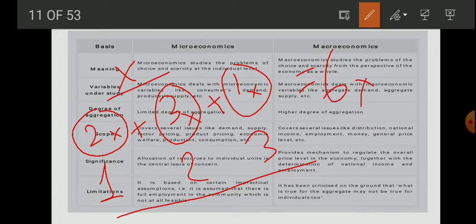Here we are considering only a single item, whereas in macroeconomics we usually aggregate the demand. But in microeconomics, in the case of market demand, the degree of aggregation is small.